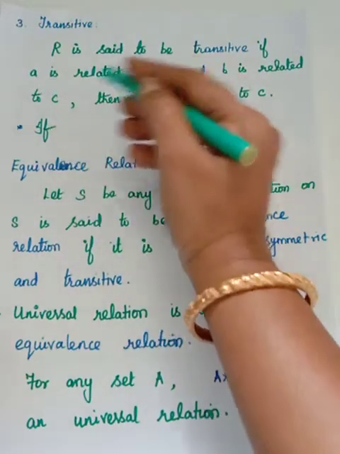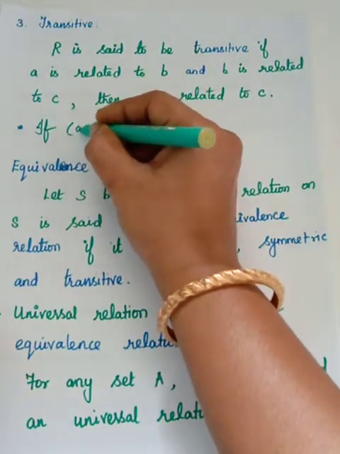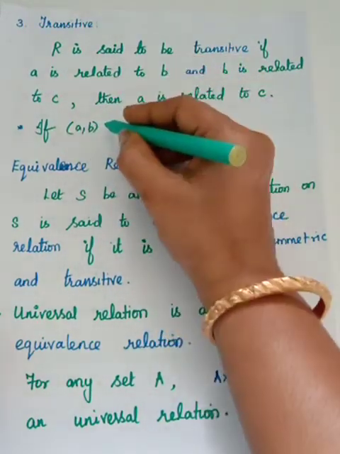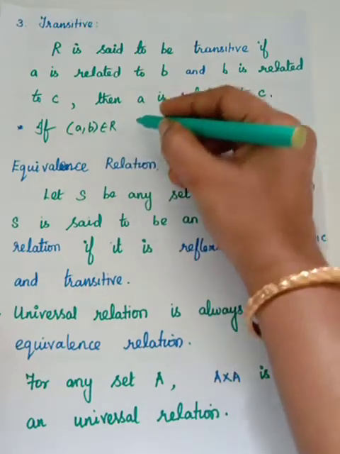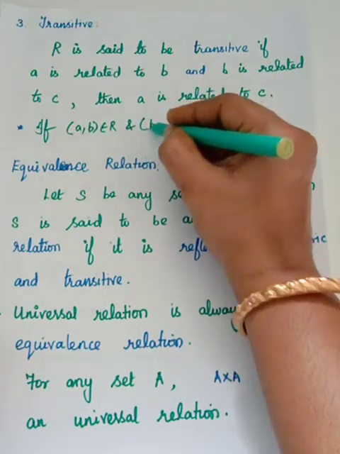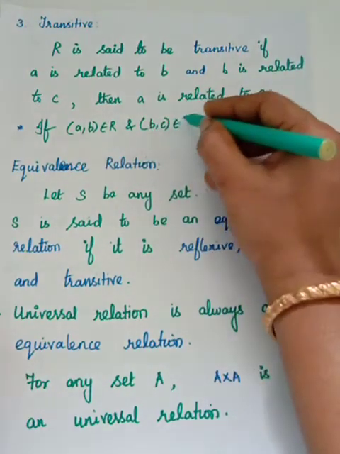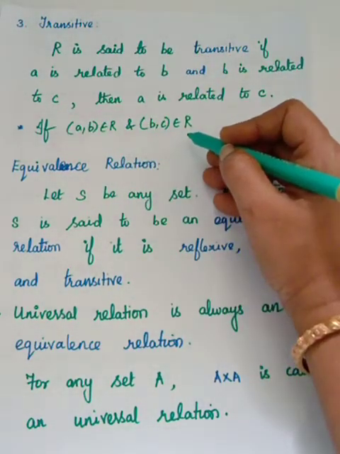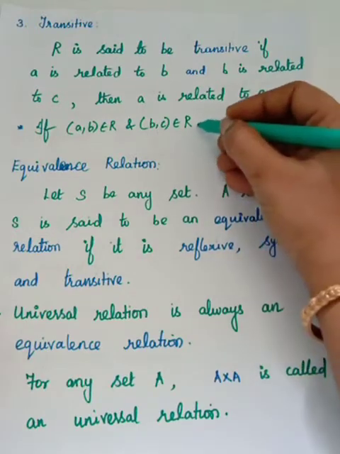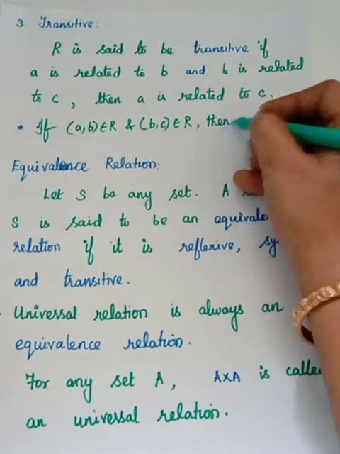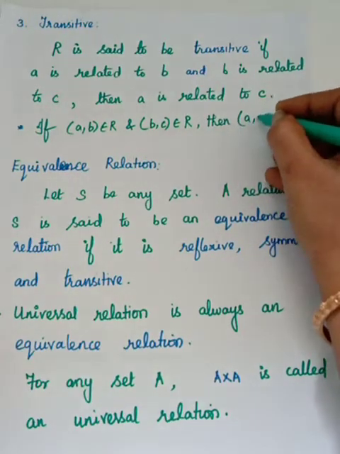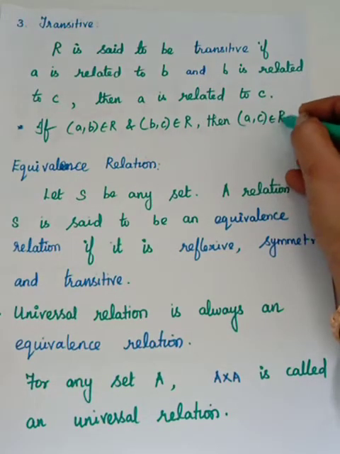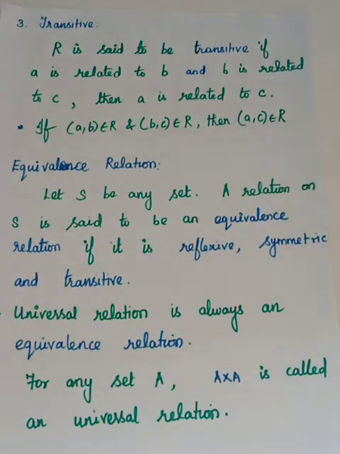So what is A is related to B? That is A comma B belongs to R and B comma C also belongs to R. If these two ordered pairs are in R, in that relation, then we can find the ordered pair A comma C belongs to R, which means we can say that the relation is transitive.